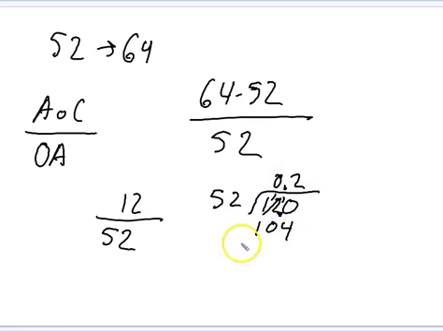Cross that out, make it a 10. Now it is 160. 52 does not go into 160. I get another 0 and bring it down. 52 goes into 163 times, you get 156.